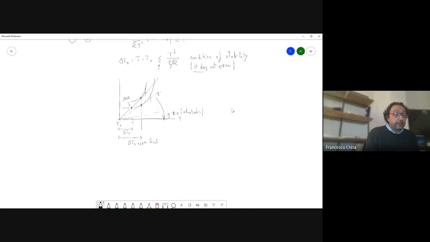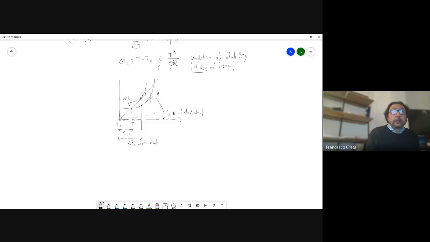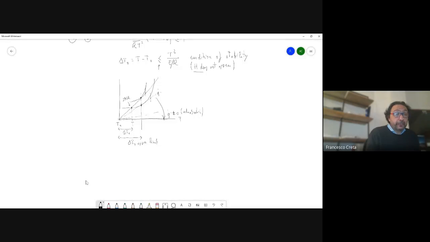examine the condition of explosion. So the condition of explosion was delta T0 equals T minus T0 equals T squared over E over R. You agree? Let's write it here, condition of explosion.